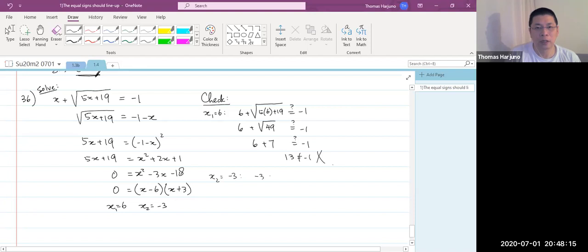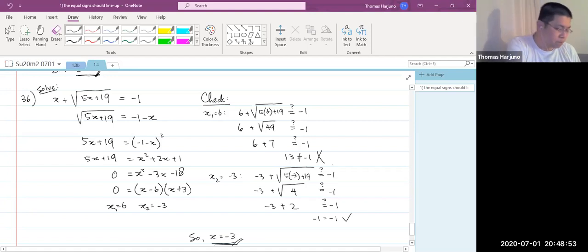So -3 plus square root of 5 times -3 plus 19. Is it equal to -1? Square root of 4. So -3 plus 2, is it equal to -1? Yes, that's right. Then you summarize, so x equals -3.